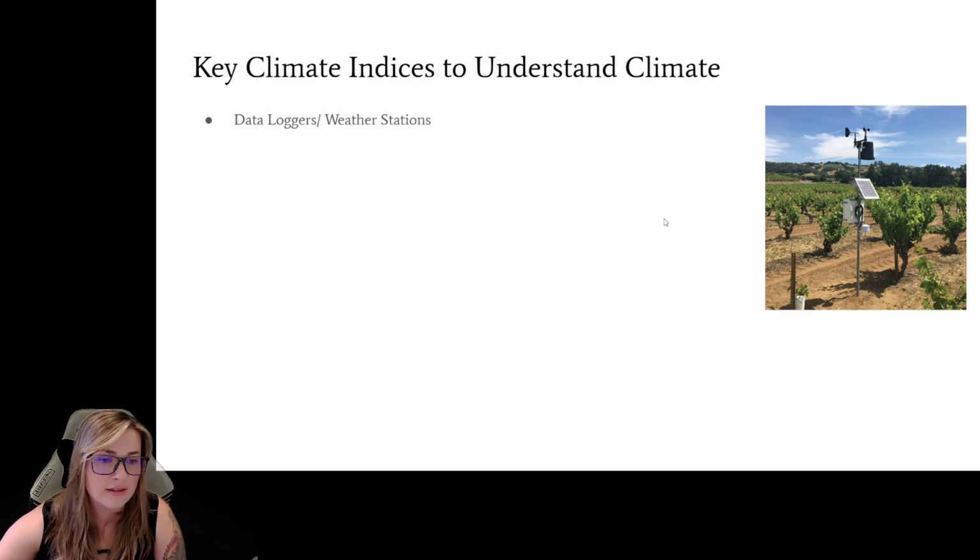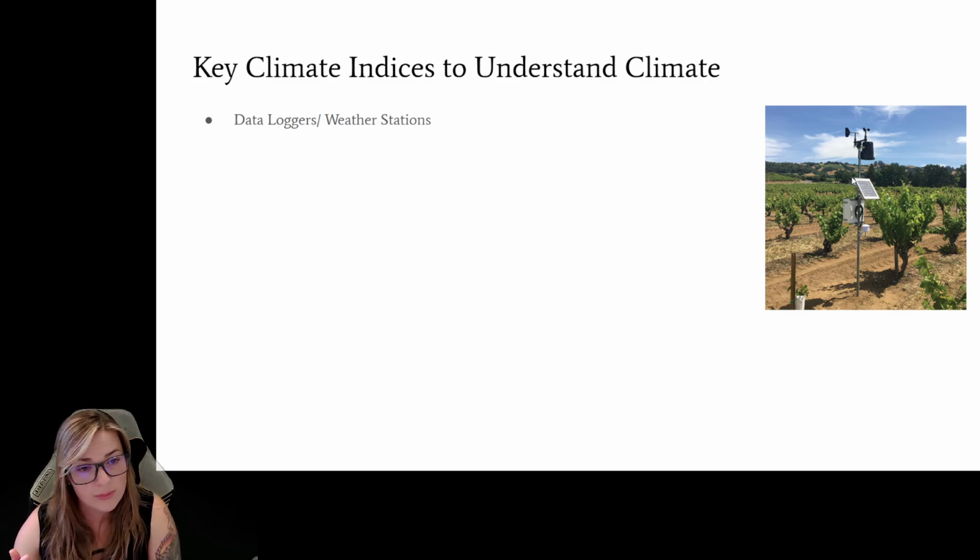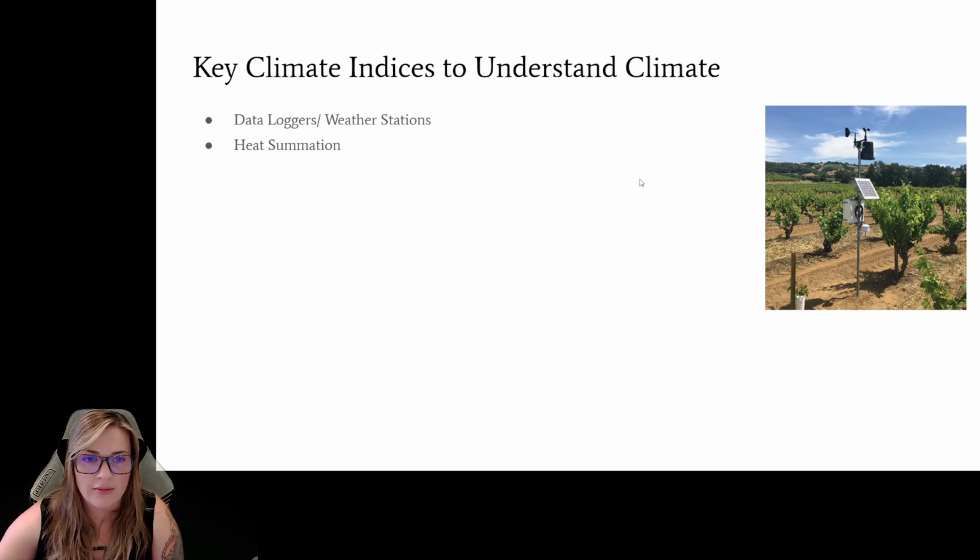You can check in and see what's going on, but you can also install them yourself in your vineyard, which is very, very helpful. So this will help to track real-time data for you of what was today's high temperature, and what was our low, and what was our wind speed, and what was our humidity, and then also what was our rainfall, right? There's so many different pieces of information that you can get from that weather station. It's very helpful to know what's going on in your site, right?